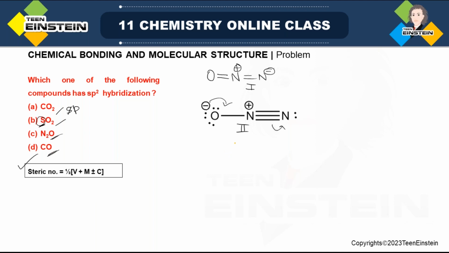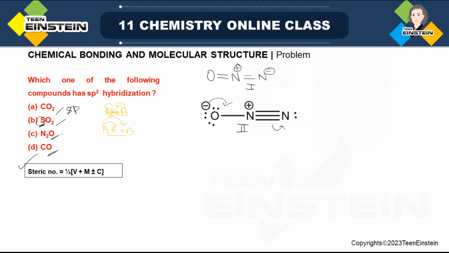Now, once again, what is the difference between covalent and coordinate bond? When it is a covalent bond, of the two electrons present between the two atoms, one is coming from one atom and the other is coming from the other atom. But when both the electrons are coming from the same atom, then that is called a coordinate bond. Once a coordinate bond is formed, it behaves as if it is a covalent bond, but how it is formed is obviously different.